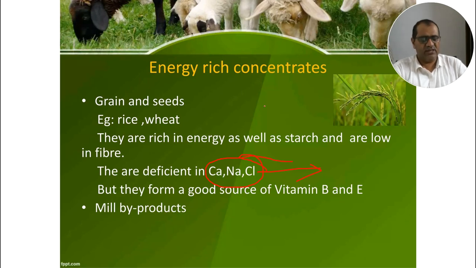That's another aim we need to focus on. So these are the energy rich concentrates. We cannot feed too much wheat or rice, because they are immediately converted to lactic acid, and then the animals succumb to acidosis and sometimes death. Hence, in nature the cattle are not competing for human food.